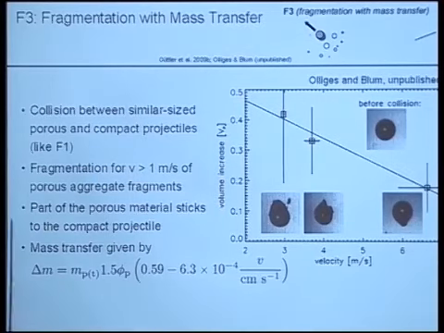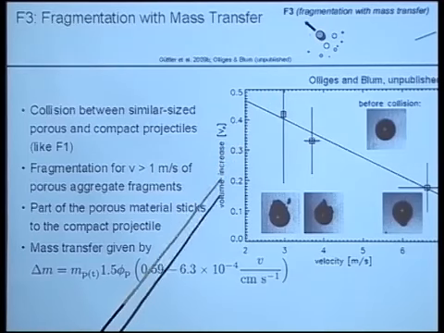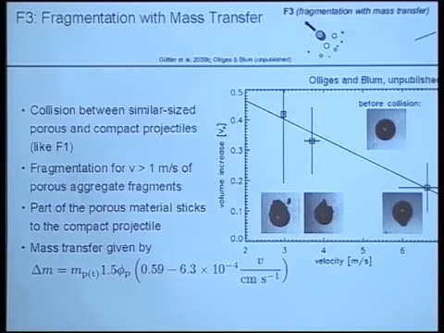And finally, the last fragmentation event, if you have a solid projectile hitting an equal-sized, or maybe a little bit bigger, porous target at velocities of a few meters per second.